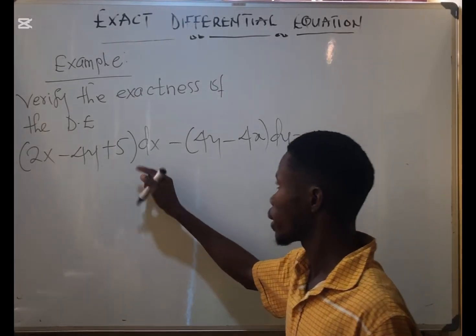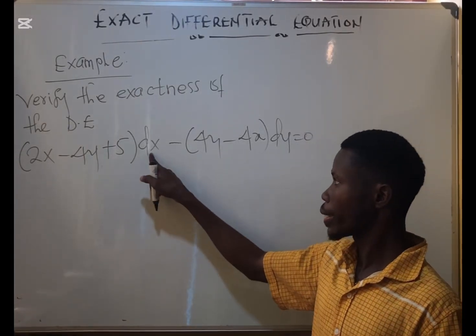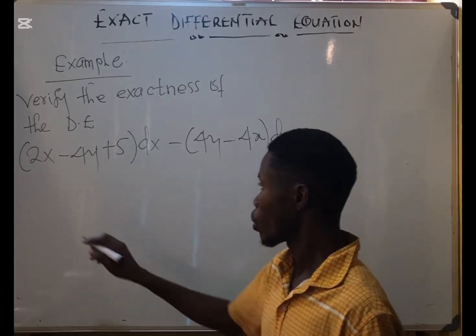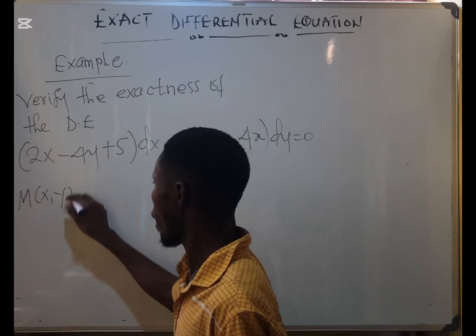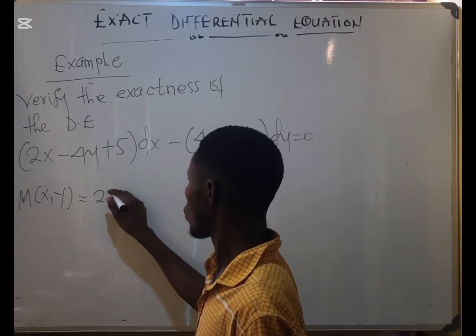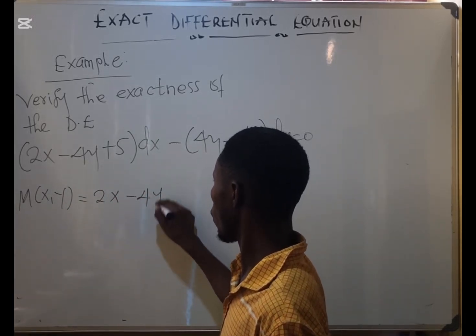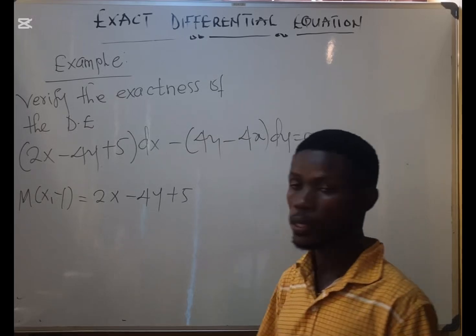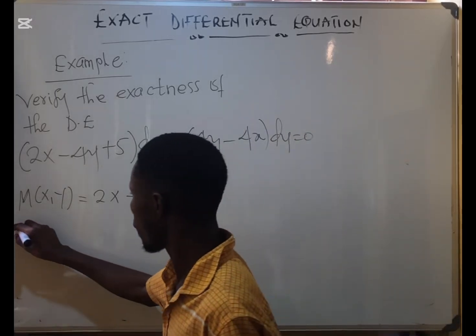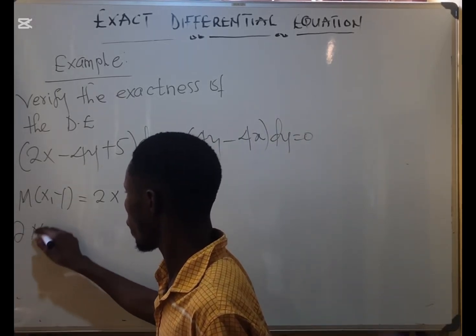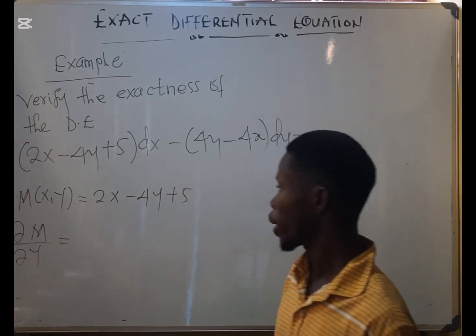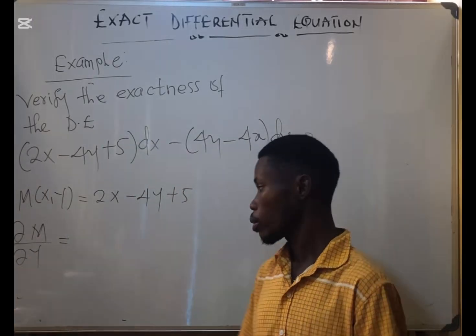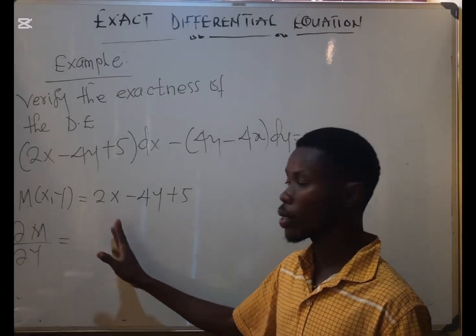So we are saying that the one that is attached to the dx always goes for the M. So we can say that M in terms of x, y is equal to 2x minus 4y plus 5. Okay, so now we take the partial derivative of M with respect to y, and when you do that, I've already explained to you, once you are going with respect to y, any other thing becomes constant.